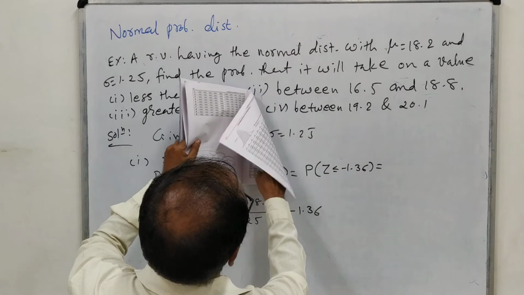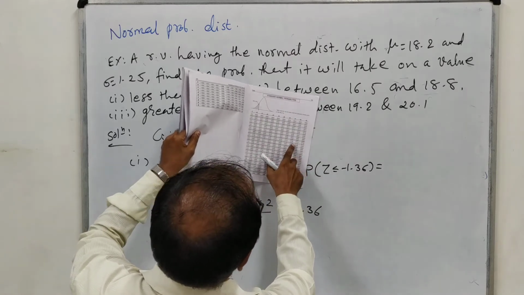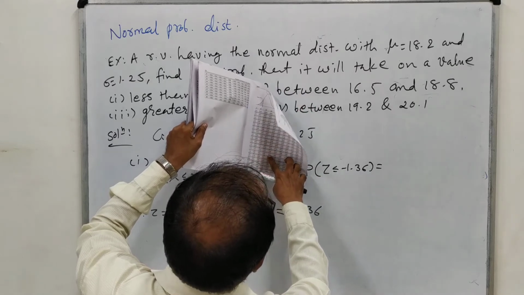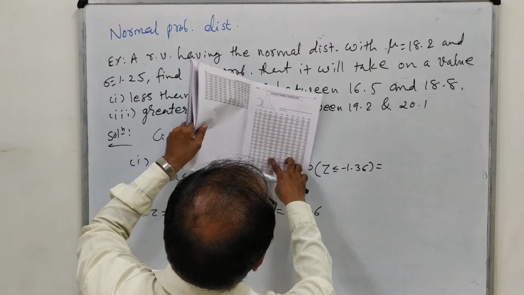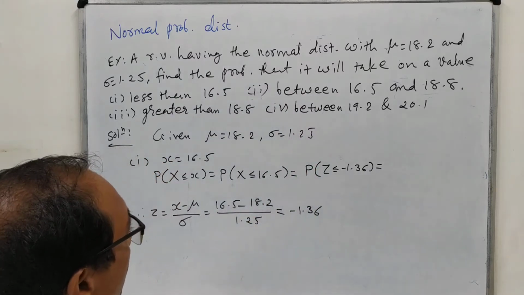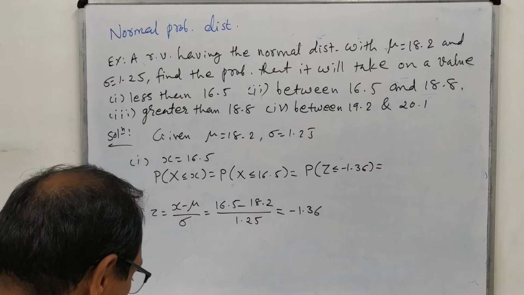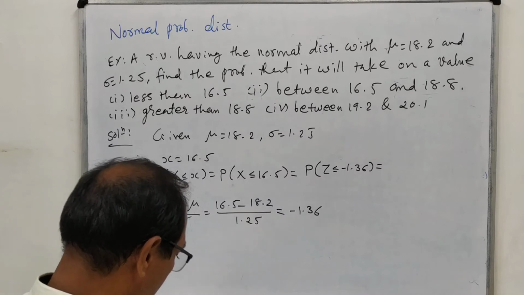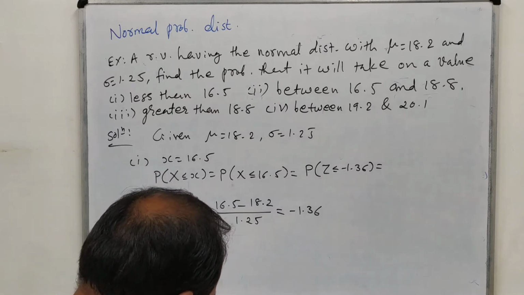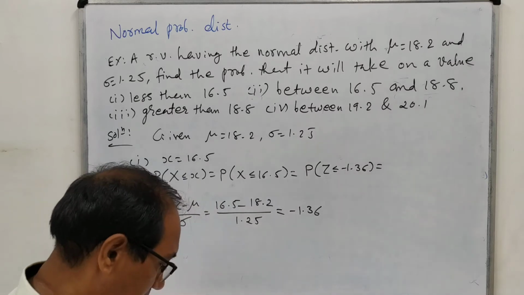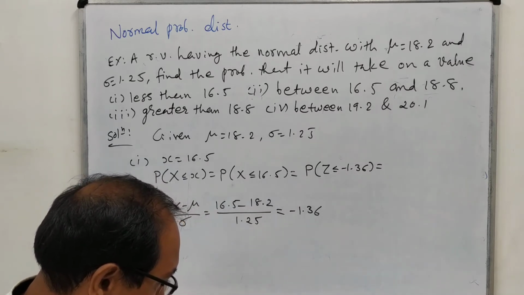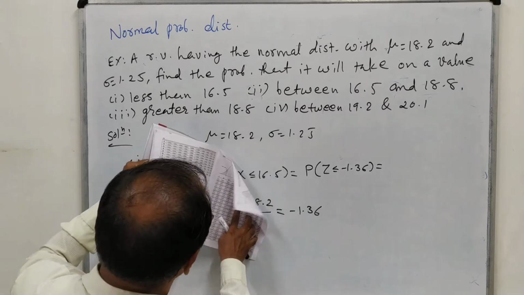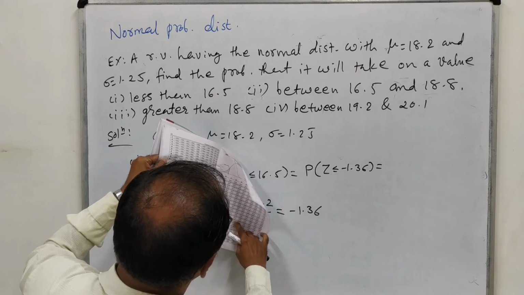That means minus 1.36. So you go for minus 1.3 and then 6.